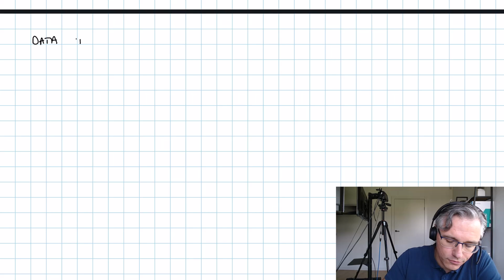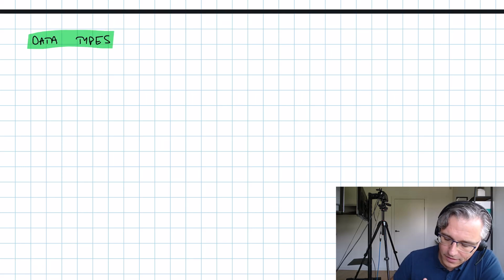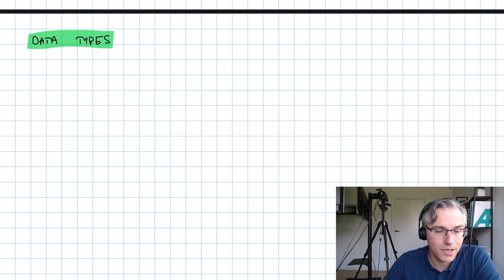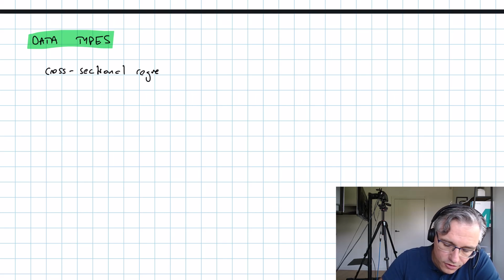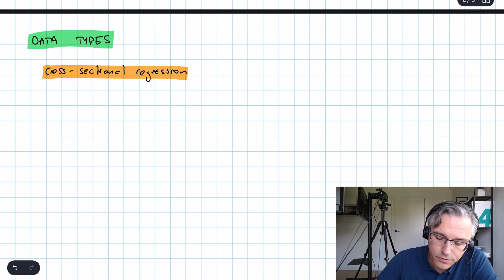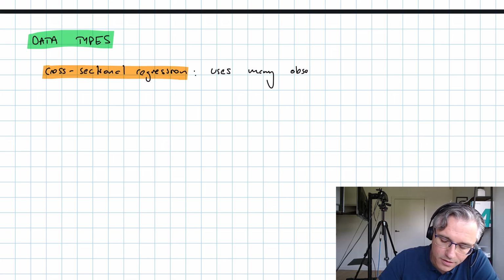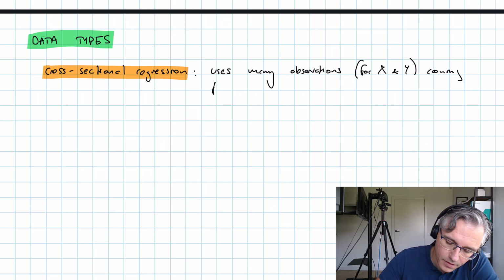Now, another thing that your curriculum squeezes into this lesson within this learning module is data types that we have in regression. You can have a cross-sectional regression using cross-sectional data. Let me tell you what that is. This is a regression which uses many observations for x and for y, but coming from the same time period.